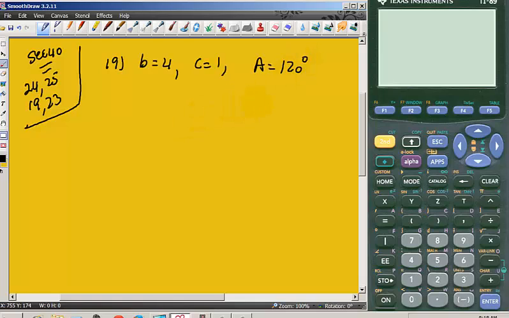Another thing: if you're using law of sines, whenever you take sine inverse of 120 degrees, your calculator is not going to take sine inverse of 120 degrees. It's going to take sine inverse of what angle? Come on. 60 degrees, because 120 is in the second quadrant and sine inverse doesn't exist in the second quadrant.